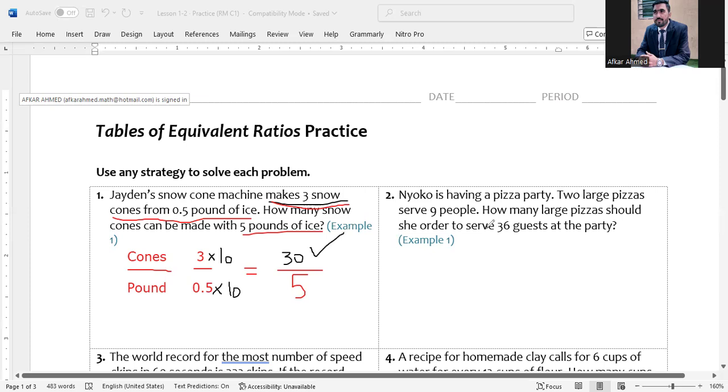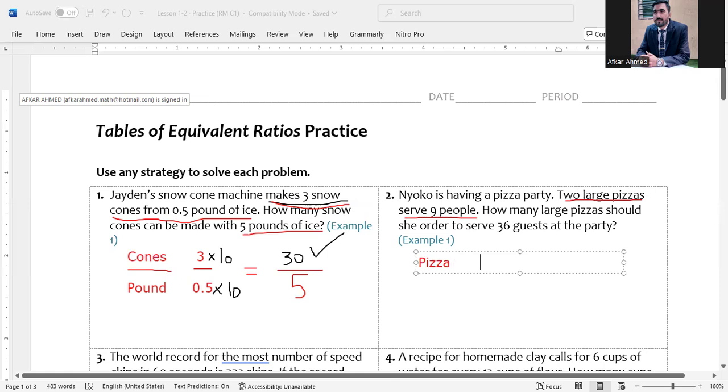The second question is the same. We are given that Yuwana Naiko is having a pizza party. Two large pizzas serve 9 people. So basically I'm going to write this one first. How many pizzas are there? I will write the number of pizzas.